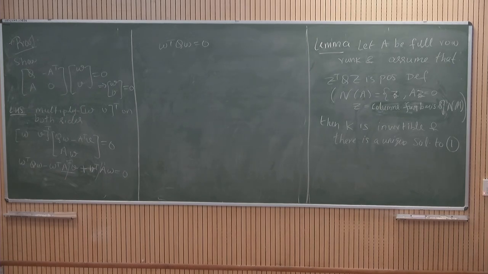So is the transpose inside, like it's W transpose, V transpose? Because what you wrote before should be correct if we are writing it like this. It's this times this plus this times this, right? So W transpose QW transpose minus W transpose A transpose V plus V transpose AW.